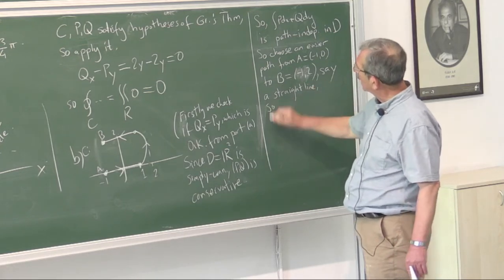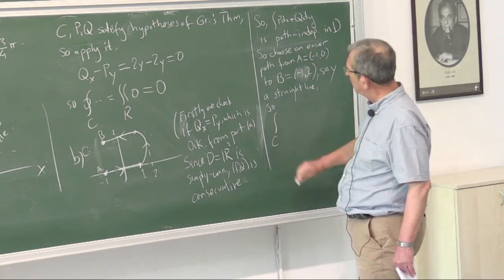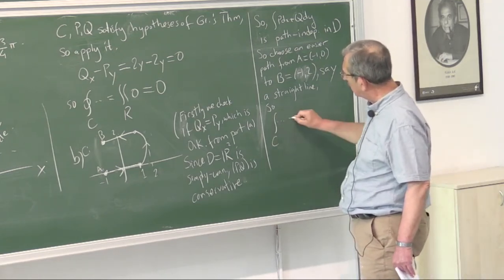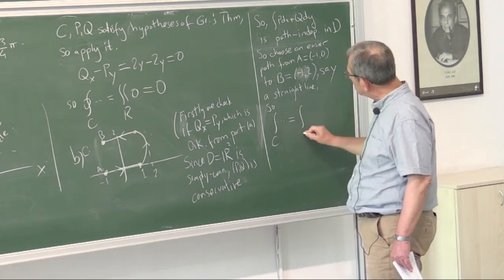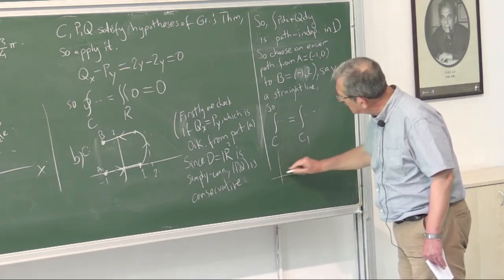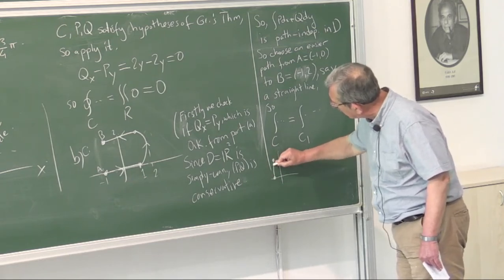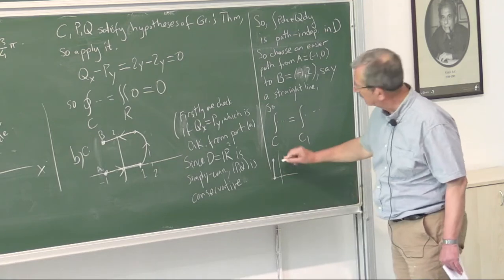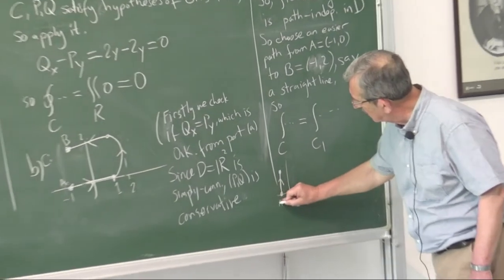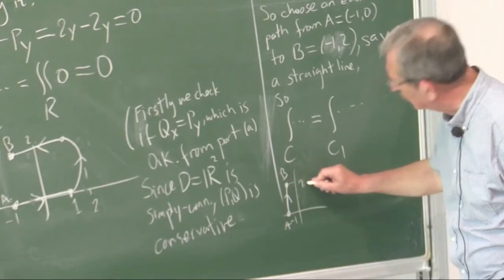So the integral over C, the given one, is the same as the integral over C1, where C1 is going from this point up to this point straight, from minus 1 to the level 2.